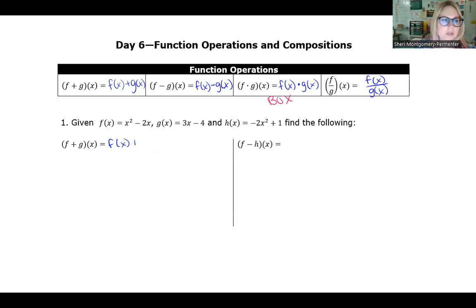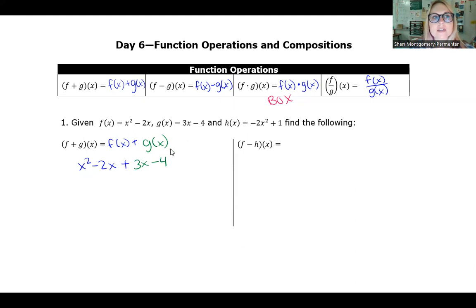I'll make this one green so you can see what I'm doing. You don't have to write it in different colors. I'm just showing you what they look like. So I have x squared minus 2x plus my g of x function, which is 3x minus 4.